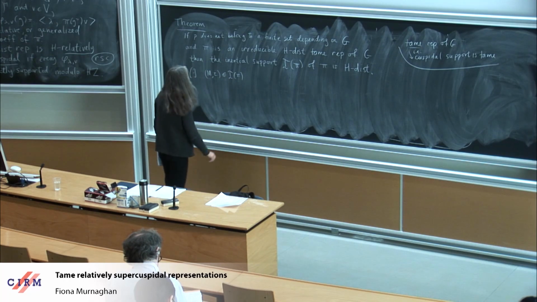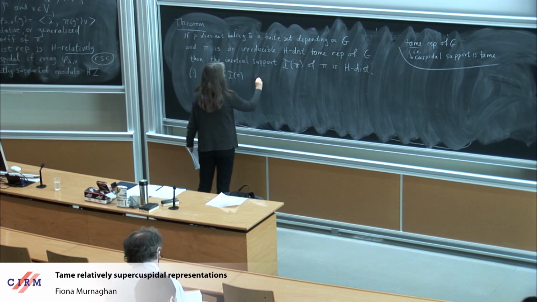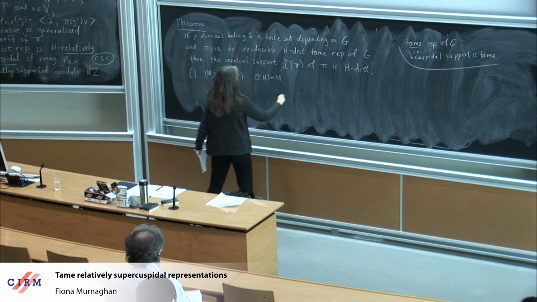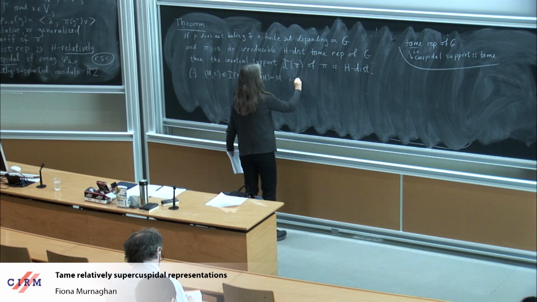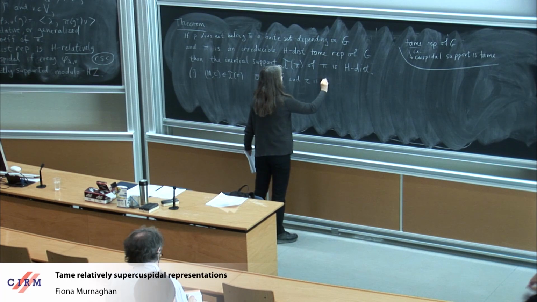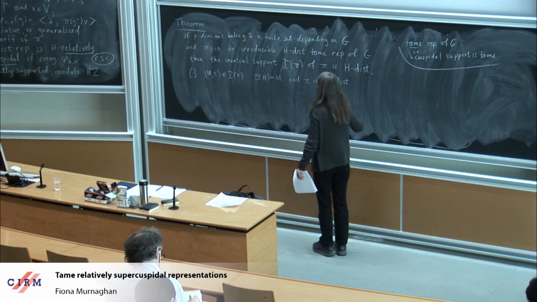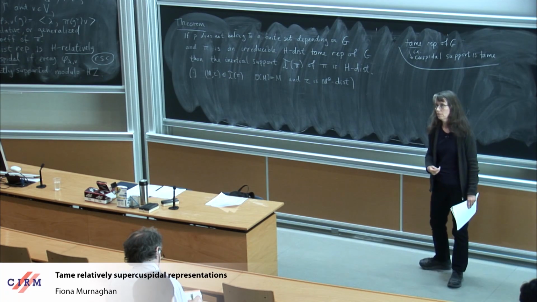Inside here, there exists something like that where M is theta stable, and tau is M theta distinguished. That's what distinction of the inertial support means.